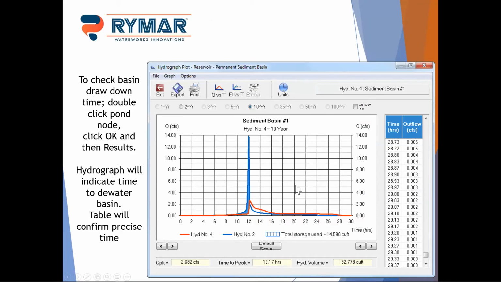So then we looked at, at least for this presentation, we had done this basin in SEDCAD and gotten to our 80%. And so we weren't required, because of doing that, to hit our 24-hour time frame. But if you look at our 48-hour time frame, this is in South Carolina.